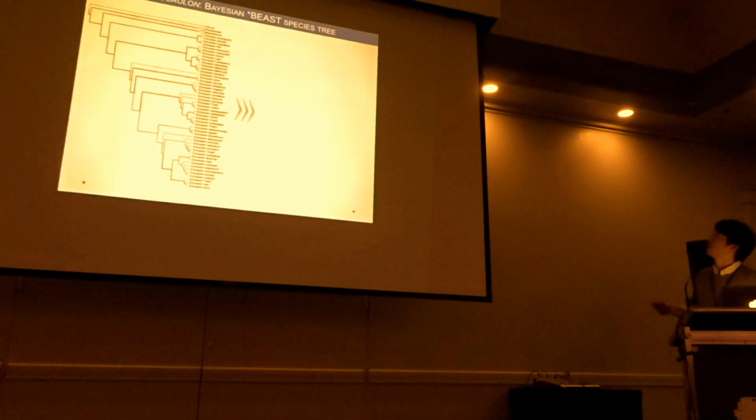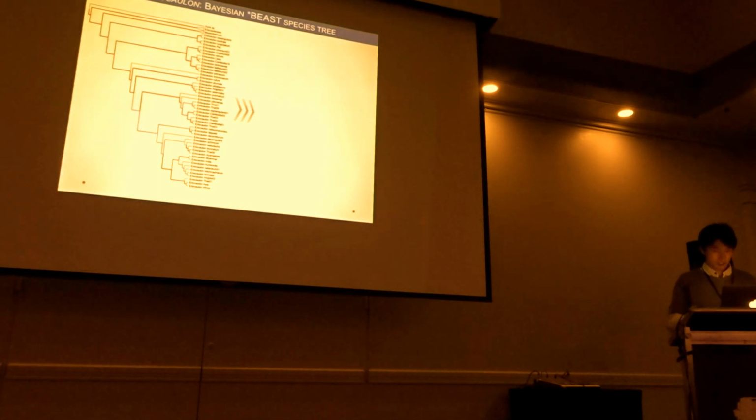And then what you can see here is the Bayesian star-based species tree. I selected 60 species. And then all the duplicated specimens are put into one taxonomic unit. And you can see the outgroup. This one is Eriocaulaceae, another family, and then here the Eriocaulon genus is here.